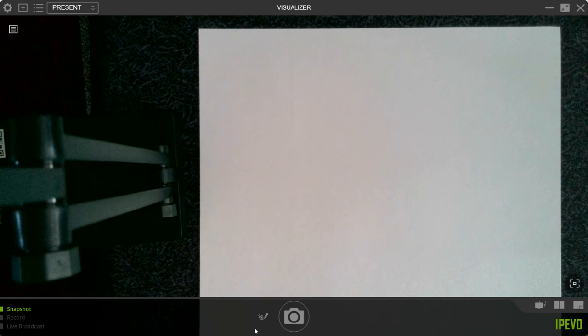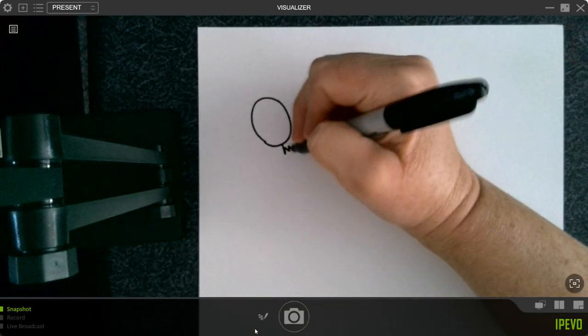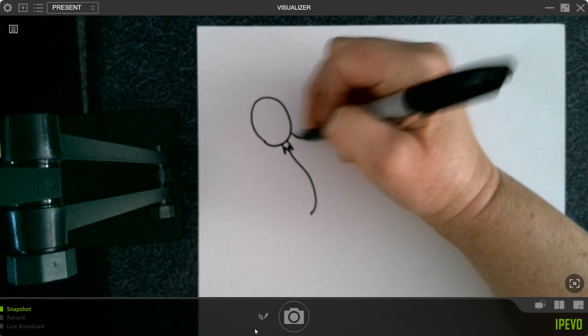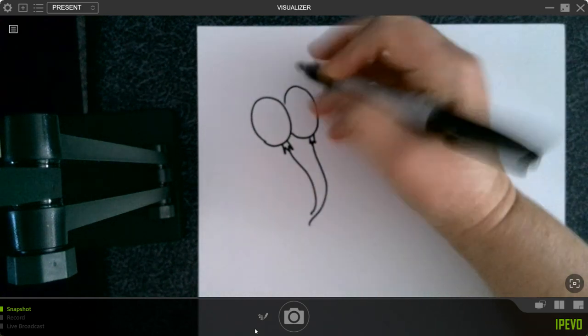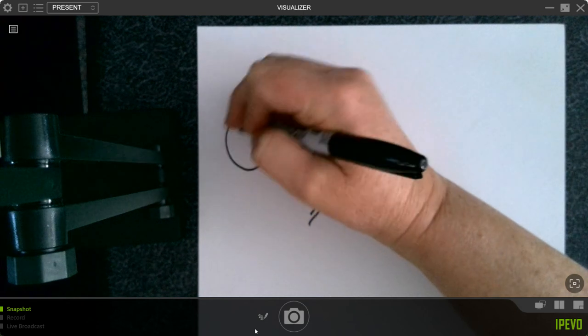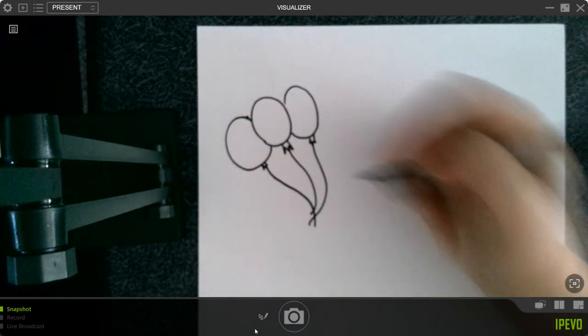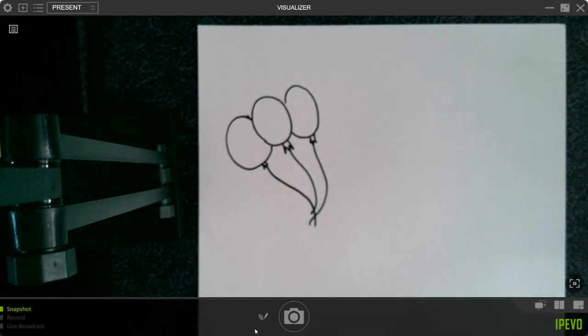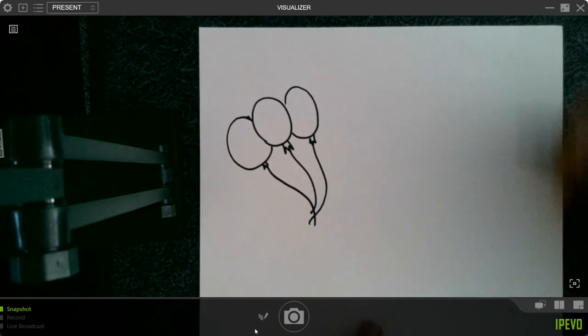So what should we draw? I think today I'd like to draw balloons. And next, I think I'd like to draw a kite.